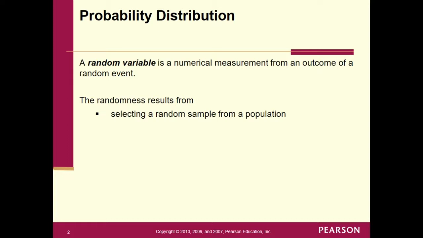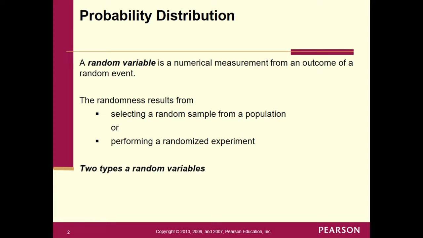Either it came from a random sample, or it came from doing a randomized experiment, because in an experiment things get randomized, right? So it's not very different from what we've learned before, other than now it's coming either from a random sample or an experiment.